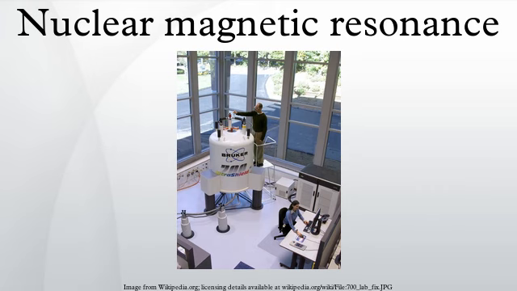17O, spin 5/2, low sensitivity and very low natural abundance, wide chemical shift range. Quadrupole moment causing line broadening. Used in metabolic and biochemical studies in studies of chemical equilibria. 19F, spin 1/2, relatively commonly measured.